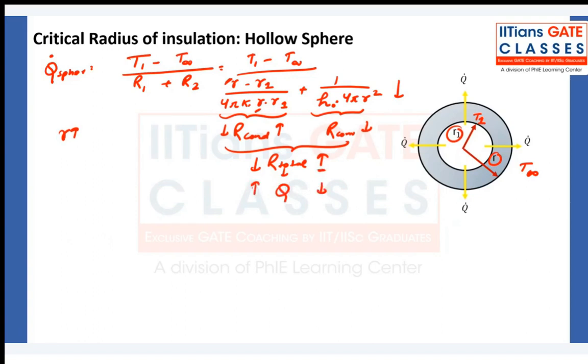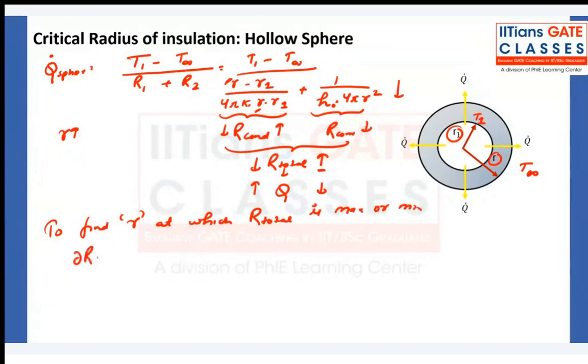Now, to find the value of R at which R total is maximum or minimum, what will we do? dR total by dR. This is your R total.